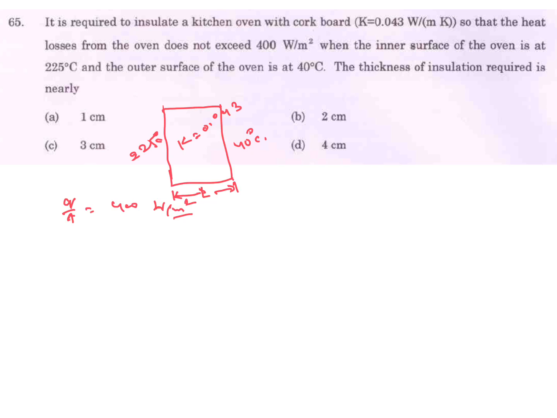So from Fourier's law, Q by A equal to K dT by dL. We have to calculate dL.